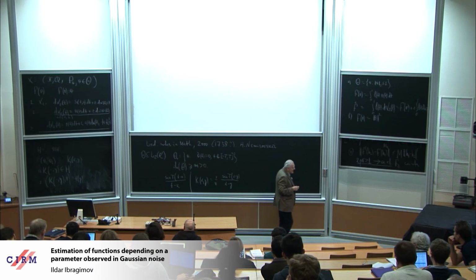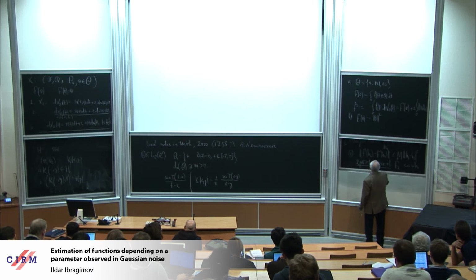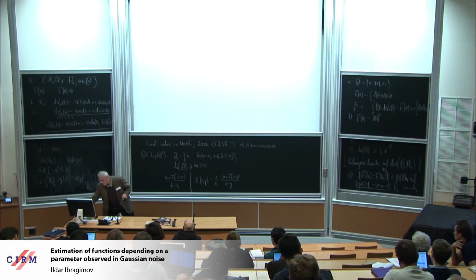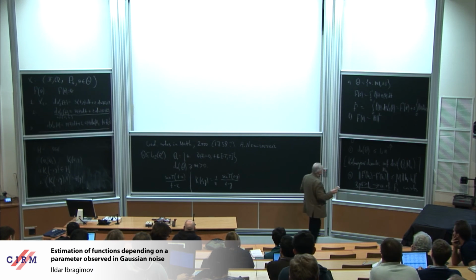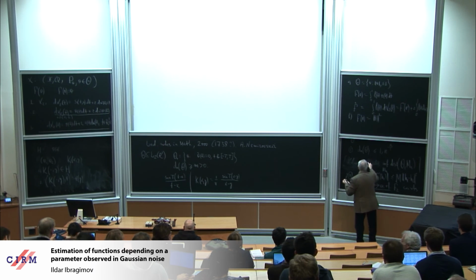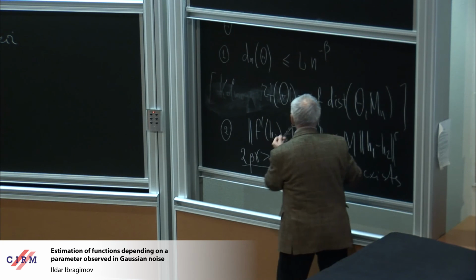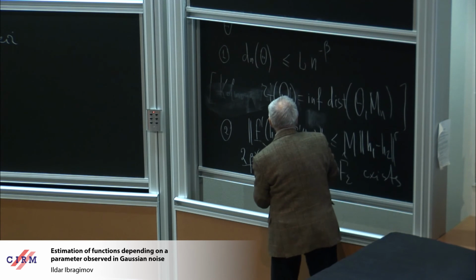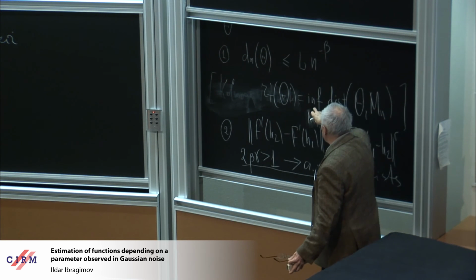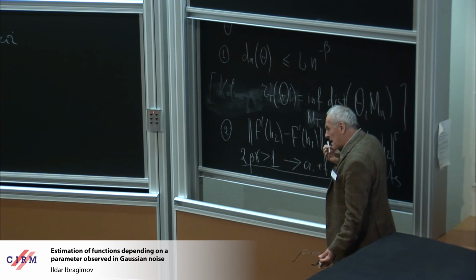And my generalization of Kolmogorov diameter will look as follows: R_t(theta) is taken over all subspaces M_t which have a reproducing kernel, and the reproducing kernel is bounded by the number t.